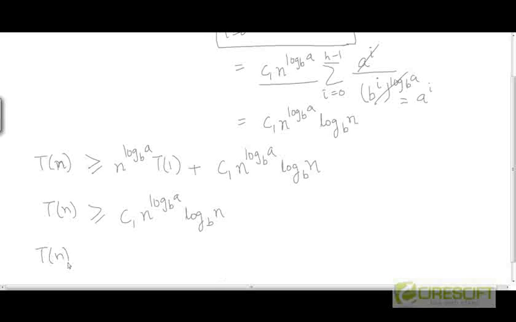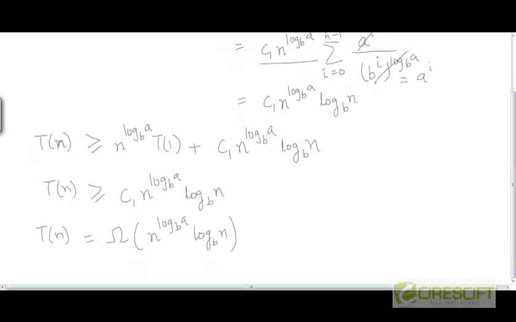This means T of n is in big omega of n to the power log of a base b multiplied by log n. Again, the base here doesn't matter. So we have derived a lower bound on T of n.